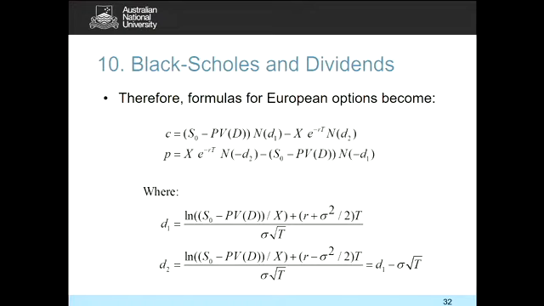Okay, so wherever you see an S0 in our formula before, you replace it with S0 minus the present value of the dividend. So what did the previous lecture slides talk about? They spoke about why you do that. They talk about how you want to separate the risky component from the riskless component. Now, the riskless component here is the dividends. You know what's going to be paid. You're told their dollar value, so you're going to include them in here.